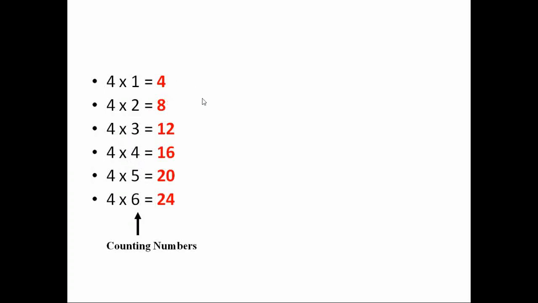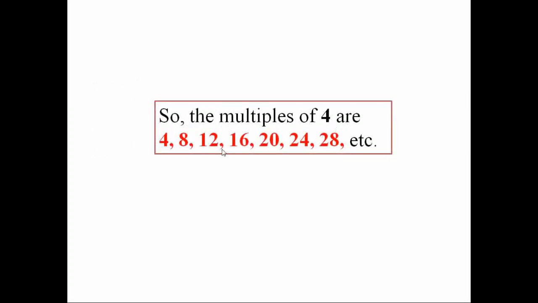So here we can say multiples of 4 are 4, 8, 12, 16, 20, 24, 28, etc. It is the product that we obtained on multiplying 4 by the counting numbers. Now if we keep on multiplying 4 by all the counting numbers, it will go on. The multiples of 4 will continue forever. So there is no end, no limit.